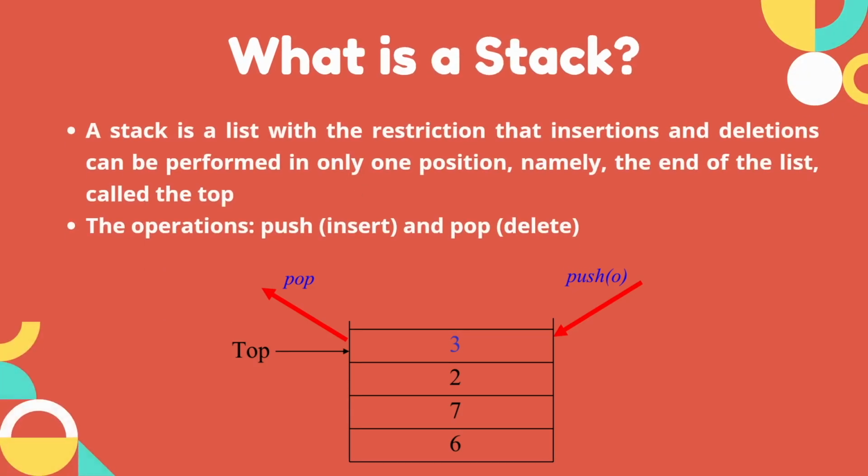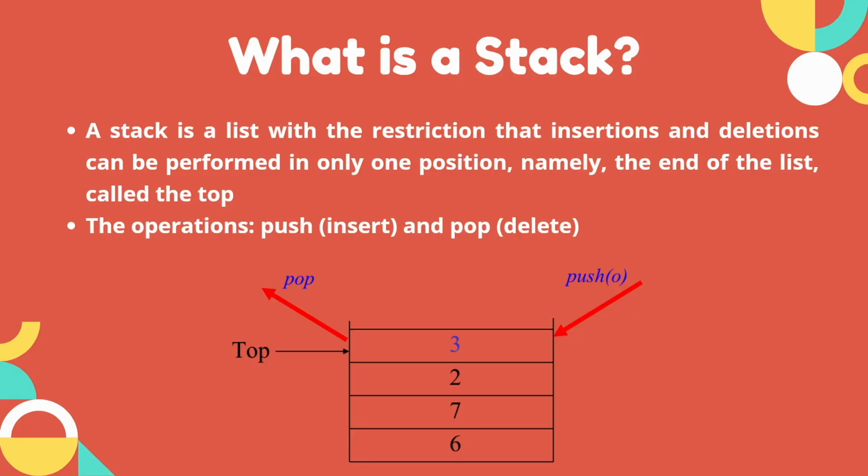So here you could see what stack actually means. Stack is a list and it has a constraint where we can do insertion and deletion in one specific position, which we call the top, or we can say that we perform insertion and deletion at one end of the list if we consider stack to be a list.